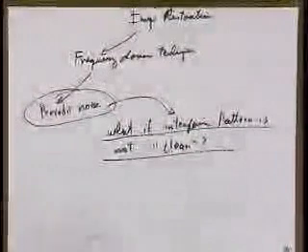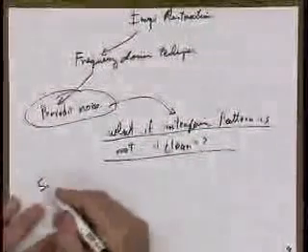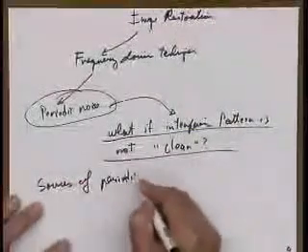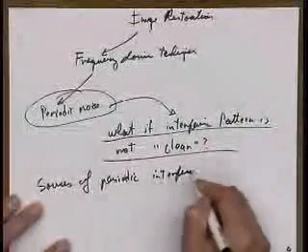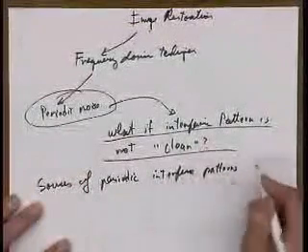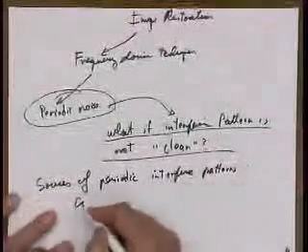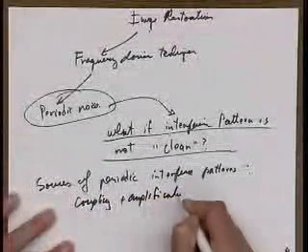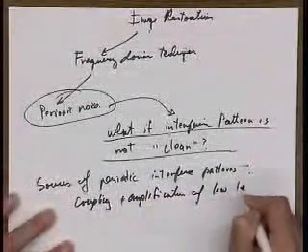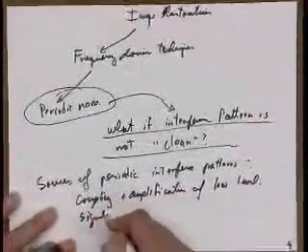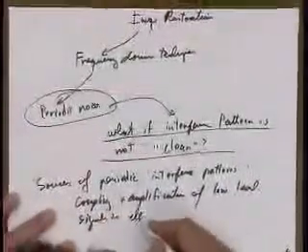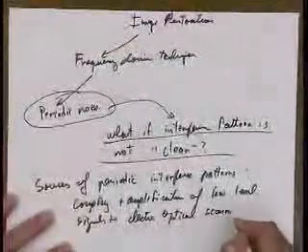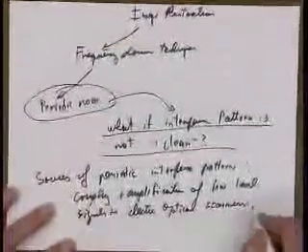Again, possible sources of these periodic interference patterns, at least in the example we've shown, are the coupling and amplification of low-level signals in electro-optical scanners, electronic circuitry.